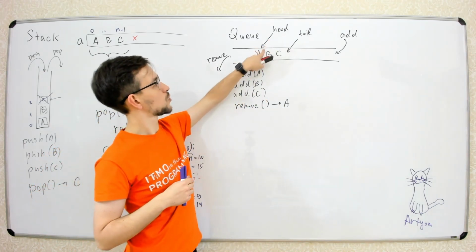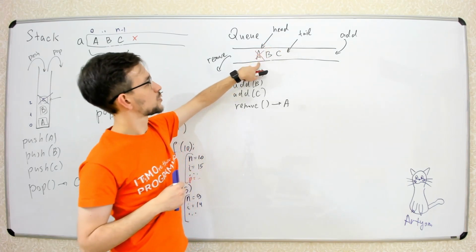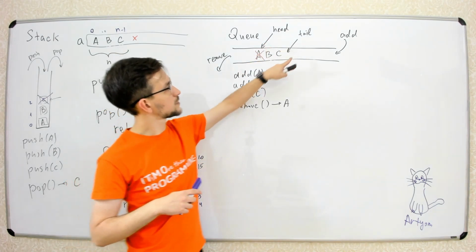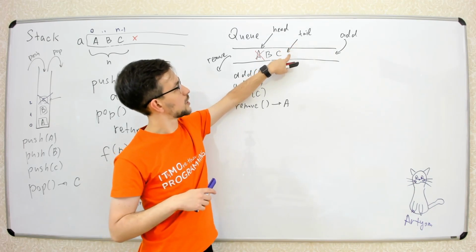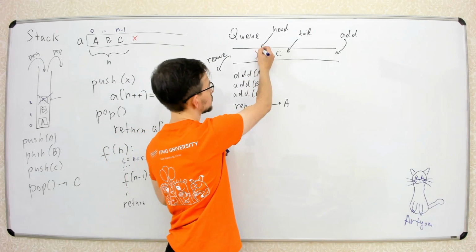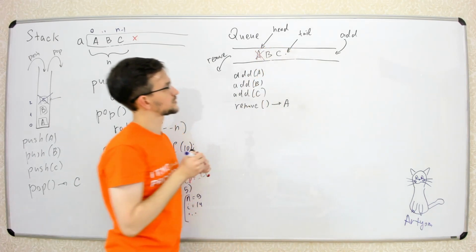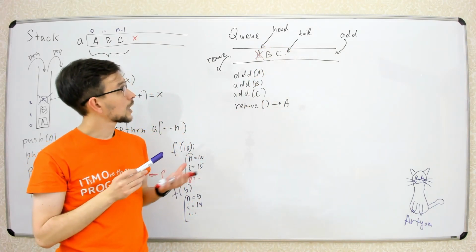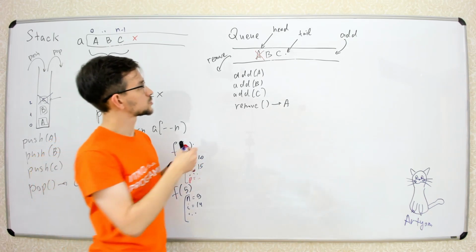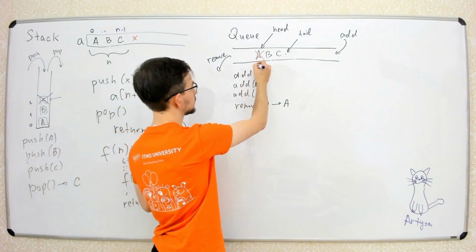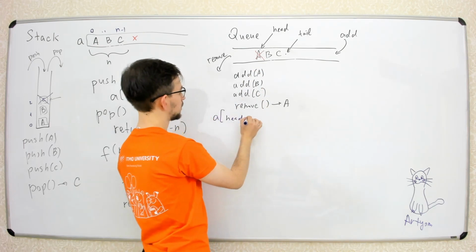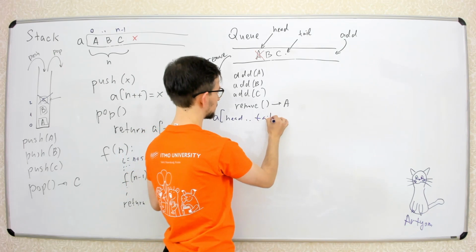The head will point to the first element of the queue, and tail will be the pointer to the first empty element of the queue. So head points to this element, and tail points to this element. That's all. So elements of the queue have indices from head to tail - 1.